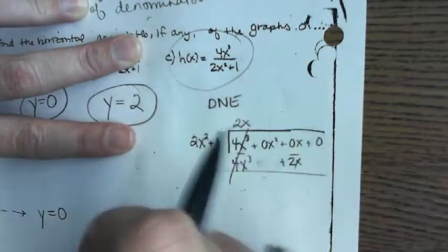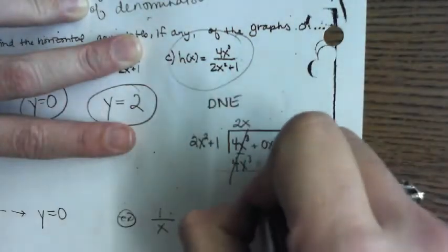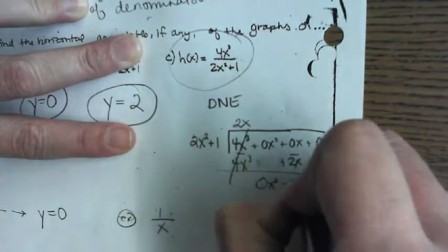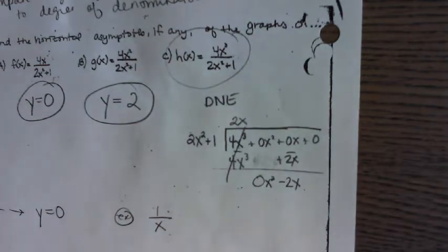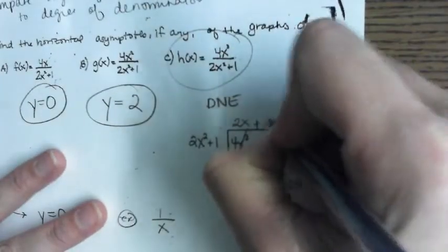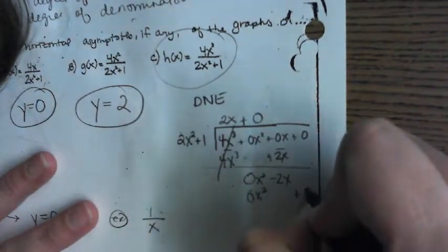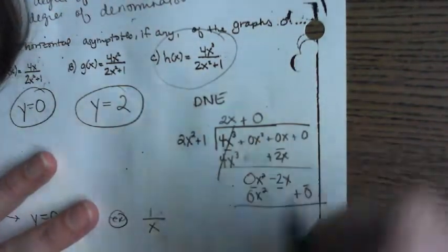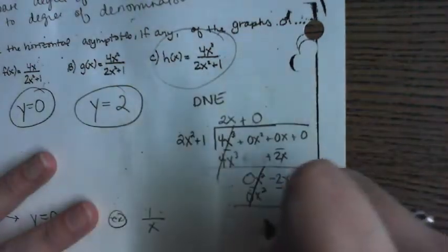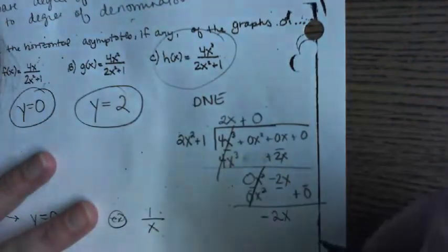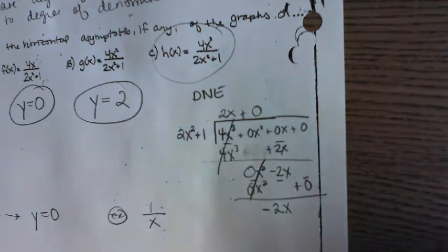I'll have a 0x squared minus a 2x. And I repeat. 2x squared times what gives me 0x squared? 0. So I get 0x squared plus 0. Do my subtraction. I'll have negative 2x minus 0, which is just that.